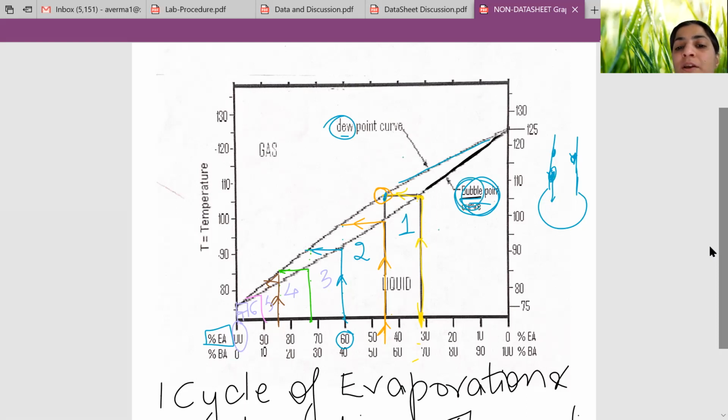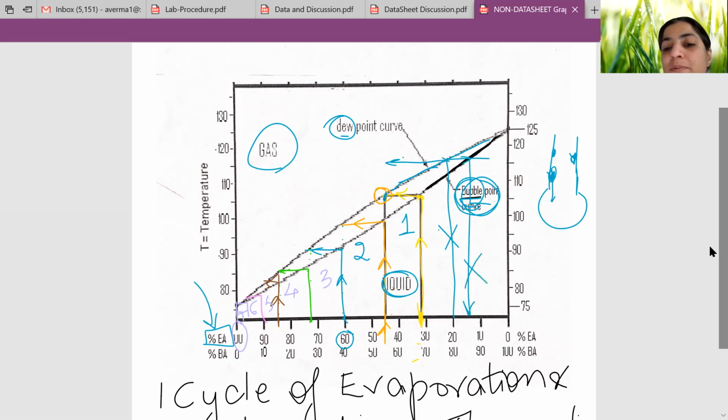Below these, you have the liquid state. Above this, you have a gaseous state. Always remember, whenever you will evaporate, you will not go to the dew point. Otherwise, you will not be able to go anywhere on your graph, and you have to go towards the lower boiling component.